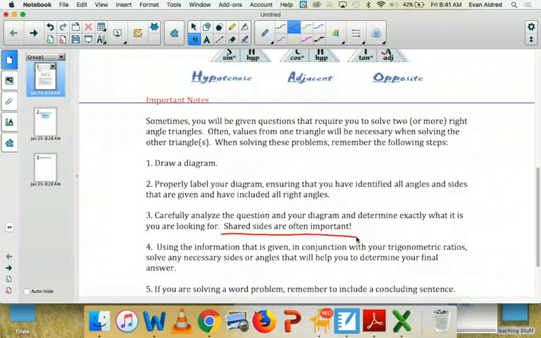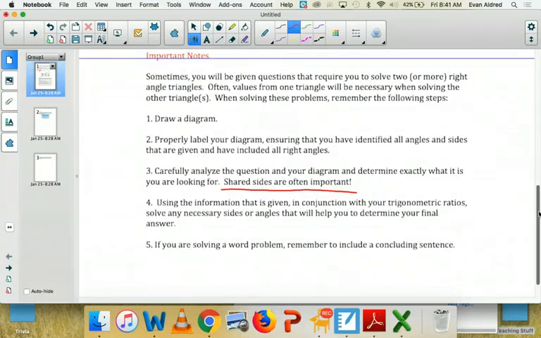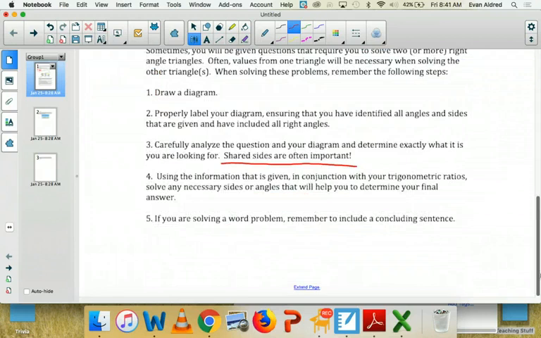Step 4 is where you do your math. Using the information that's given in conjunction with your ratios, you're going to solve all necessary sides or angles. And as I said before, this won't be just a single mathematical operation this time. It's not just going to be sine once or cosine once or tangent once. You may have to use one multiple times, or you may have to even use multiple trig ratios.